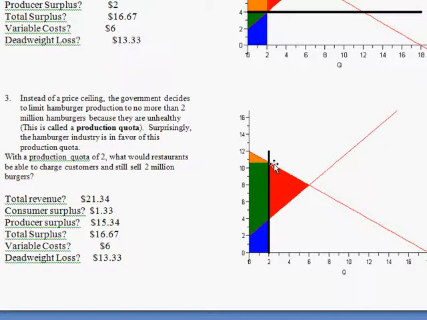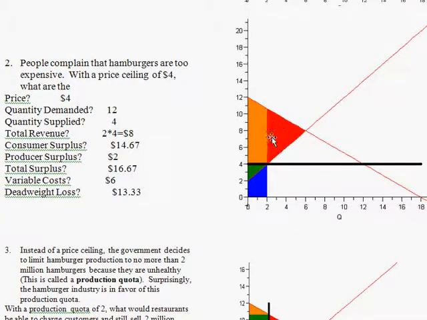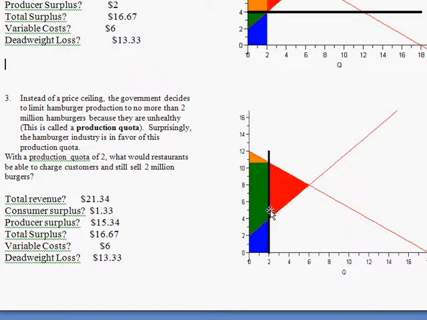The consumer and producer surplus gets decreased, chopped off, by exactly the same amount. This is exactly the same shape of deadweight loss for a production quota as when you have a price ceiling. I chose these numbers on purpose because a price ceiling of $4 will have the same deadweight loss as a production quota of 2 units.